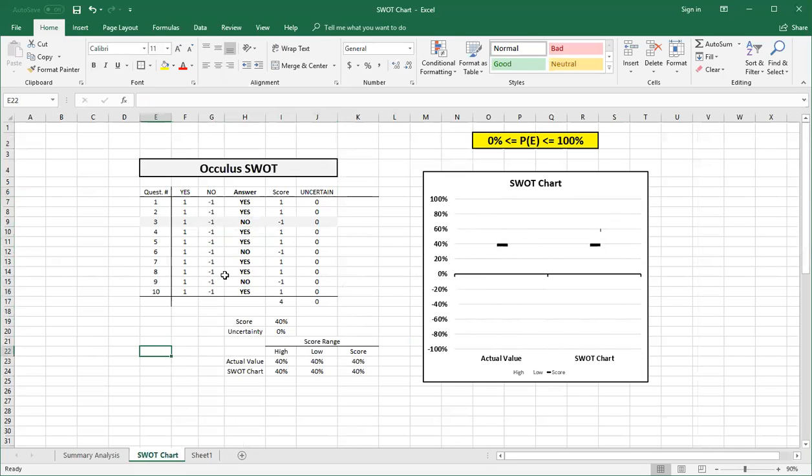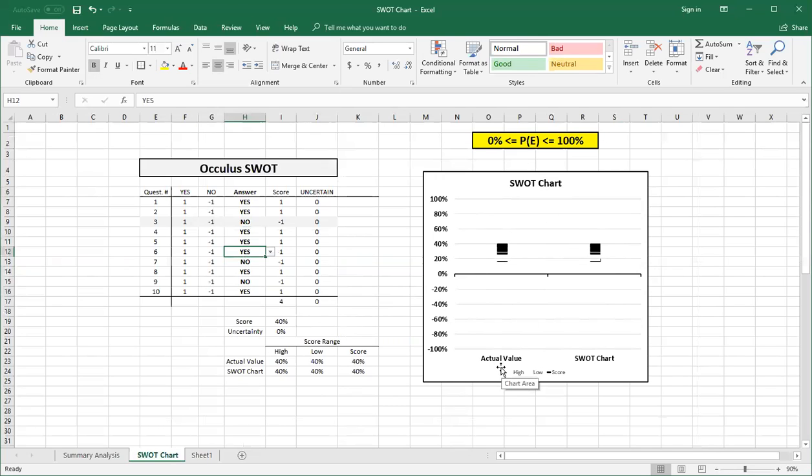You can change any of these. There's no magic here. I'll change this to a yes. And this is the problem, by the way, with this Excel chart. For some reason, it seems to smear it. But at the top, you'll see it is 40, which is the score, 40%.